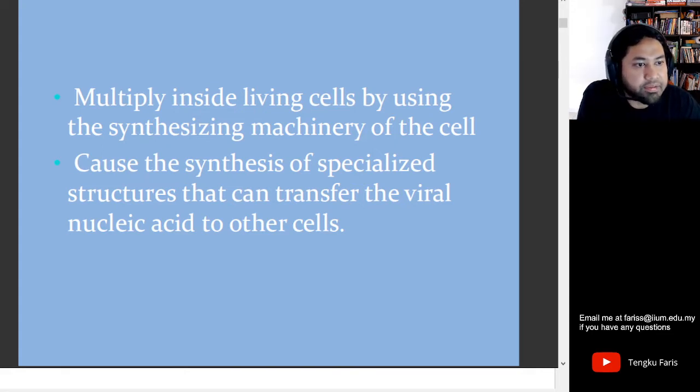The virus multiplies inside living cells by using the synthesizing machinery of the cells, meaning they manipulate the ready-made system inside the host cells. They try to hijack this system by making or altering genetic information, and they cause the synthesis of specialized structures that can transfer the viral nucleic acid to other cells. After manipulating the host cells, they make another copy of their own viral particles.